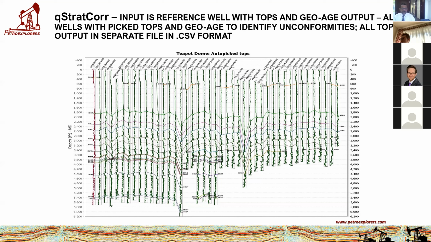Although it's one big structure, in the stratigraphy you can see how the computer is easily able to continue those data sets. So it's really very robust auto picking of the tops.